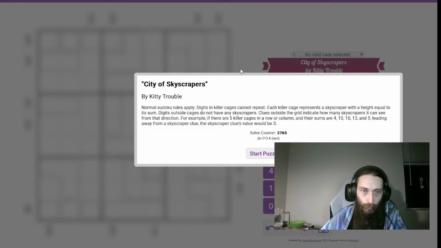City of Skyscrapers by Kitty Trouble. Normal Sudoku rules apply. Digits in killer cages cannot repeat. Each killer cage represents a skyscraper with a height equal to its sum. Digits outside cages do not have any skyscrapers. Clues outside the grid indicate how many skyscrapers it can see from that direction. For example, if there are 5 killer cages in a row or column, and their sums are 4, 10, 10, 13, and 5, leading away from a skyscraper clue, the skyscraper's clue value would be 3.